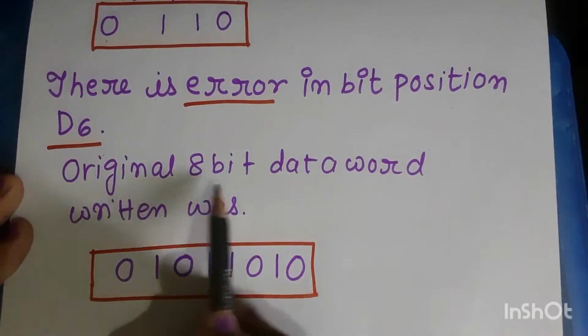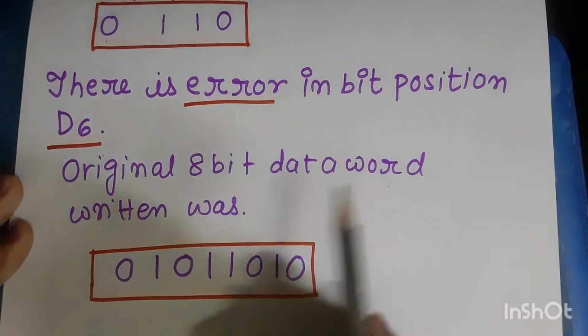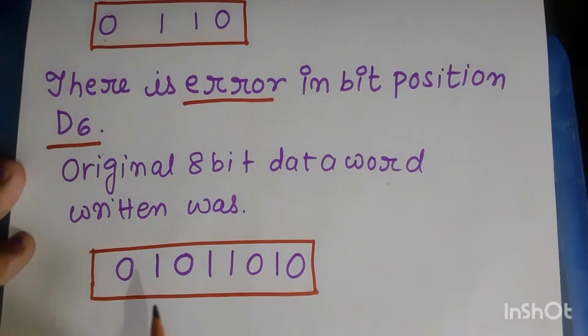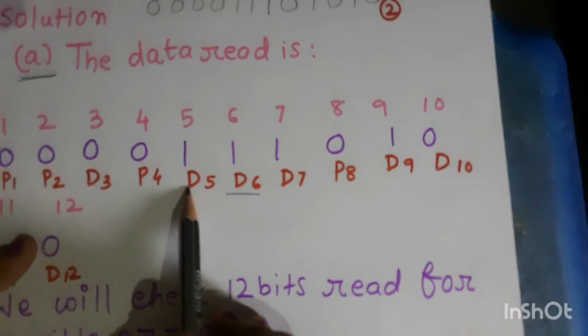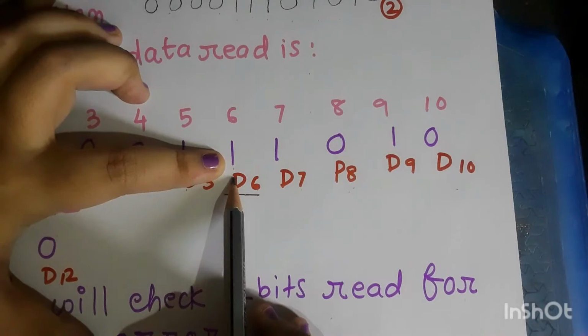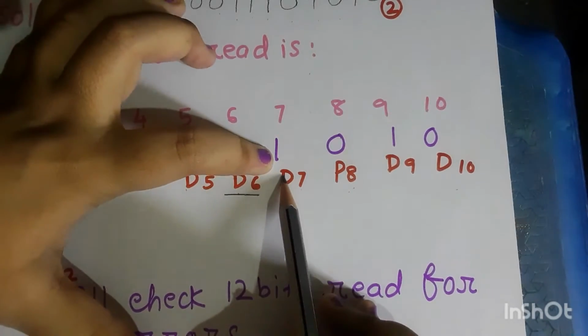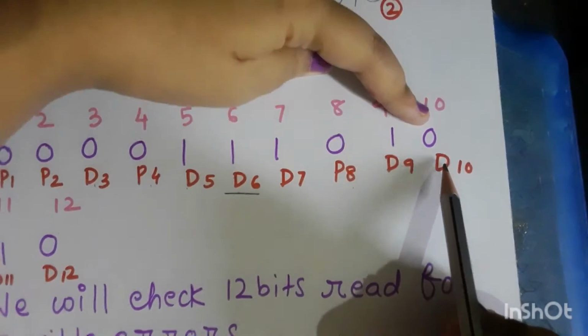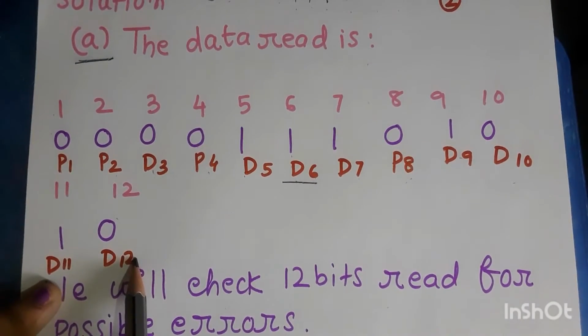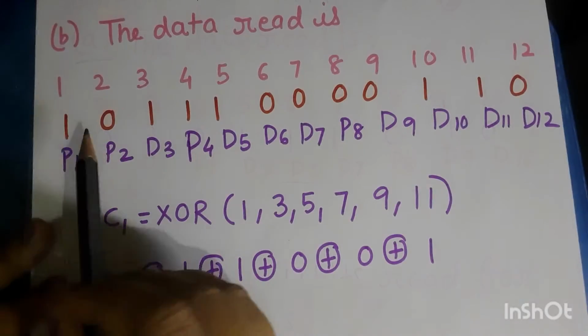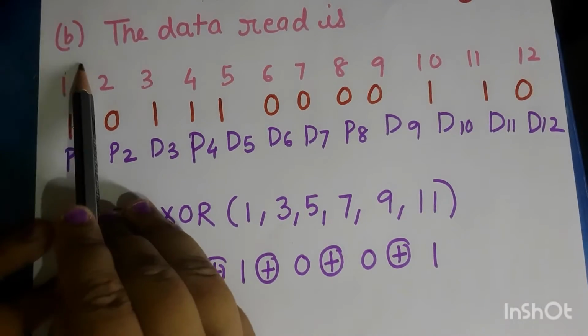So the original 8-bit data word that was written into memory was 0 1 0 1 1 0 1 0. We got it from here: 0 1 0 1 1 0 1 0.